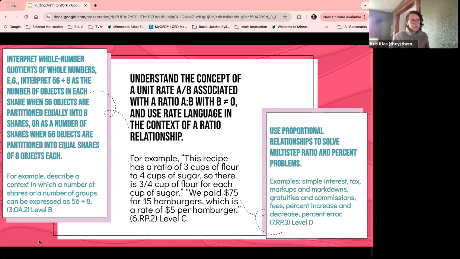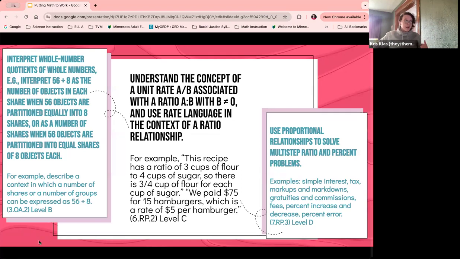Now we can talk about simple interest, tax, markup and markdowns, gratuities, commissions, things like that. So once I've figured out I want to make this much profit, so this is what my price needs to be, what if I want to have a sale? What about a percent off sale? What's that going to do to my profits?